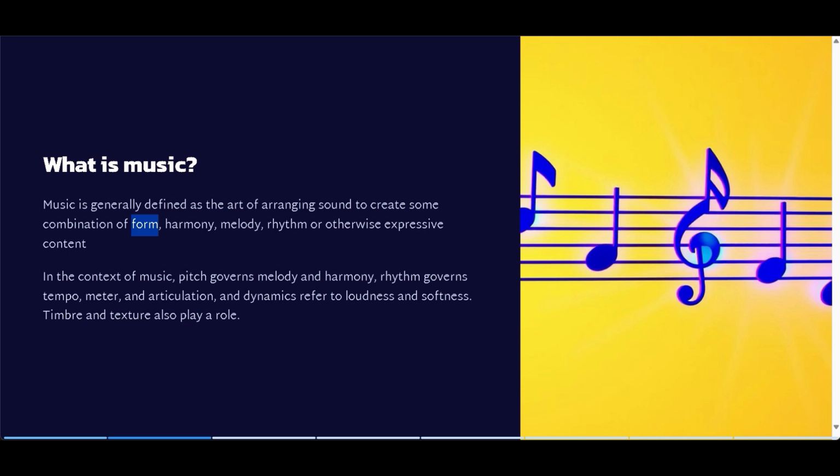But when you take a music piece from Bach or Beethoven or someone else from the history of music, that would be a form called binary form, ternary form, or rondo form.